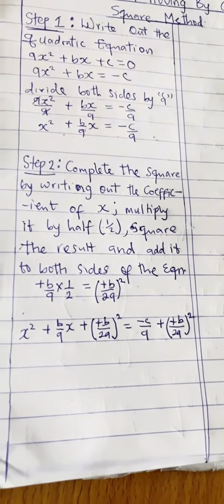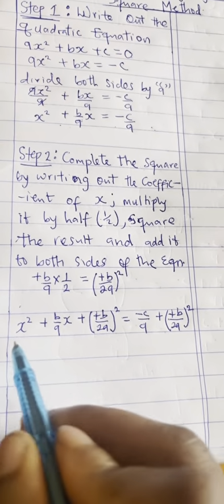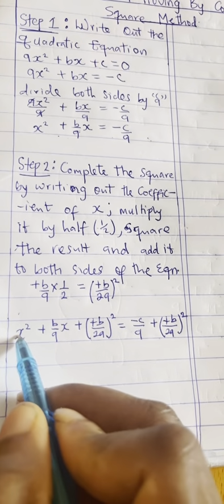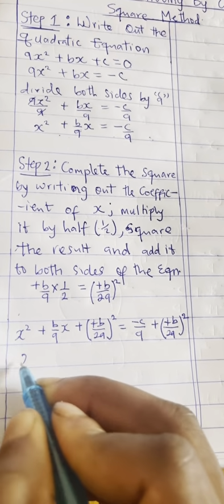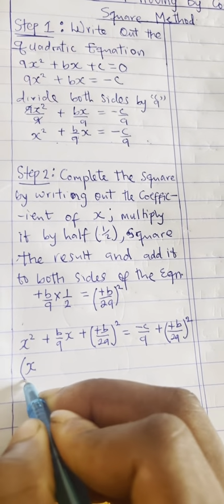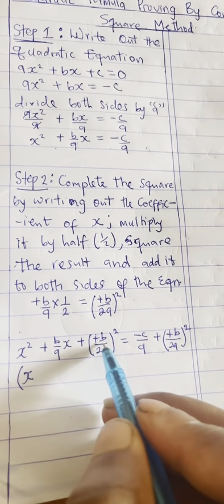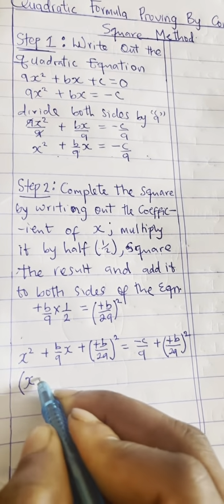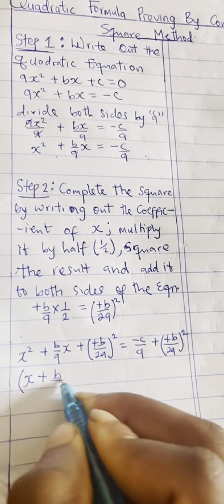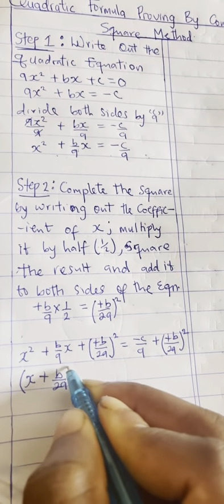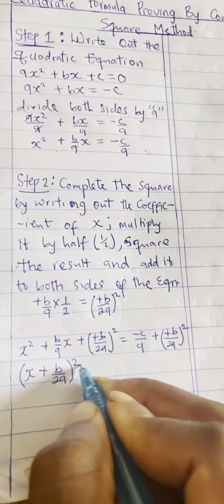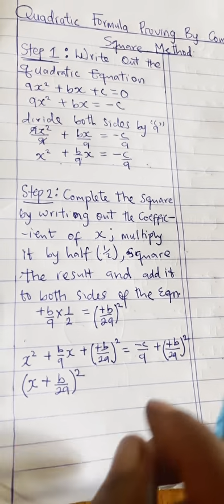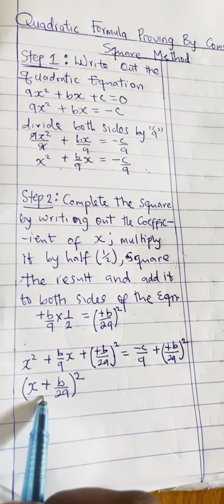So I'm going to write x out of this x squared, x, open the bracket, plus b over 2a, close the brackets and square. If you open this bracket, you will get this expression back. That is how to confirm this form of the equation.